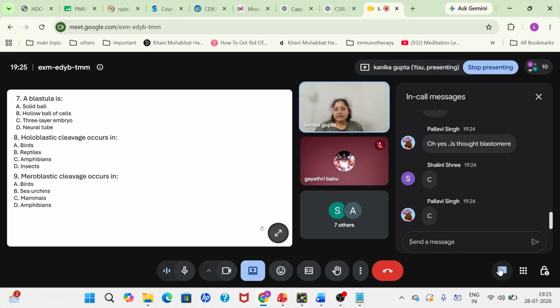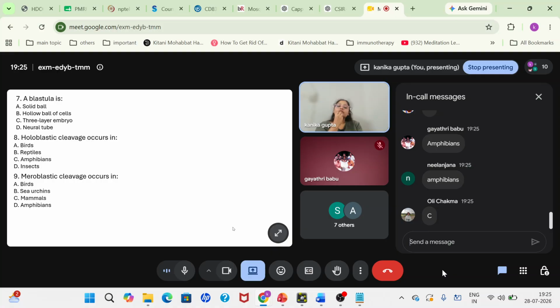Yes, it is amphibians. And meroblastic cleavage occurs in. Other people don't want to answer question number 8 or 9? First, all of you please answer for question number 8. Holoblastic cleavage occurs in. Yeah, it is amphibians. Yes, right.